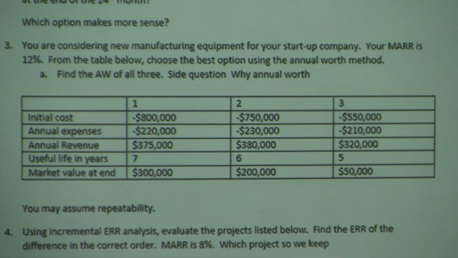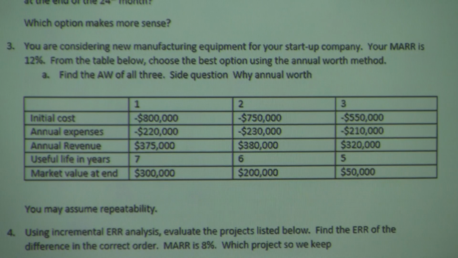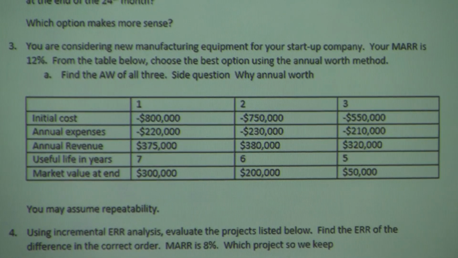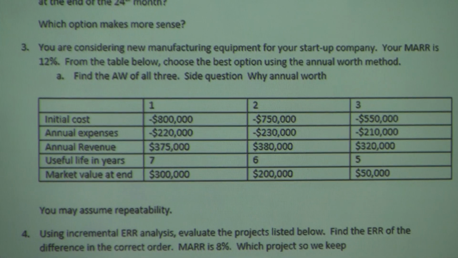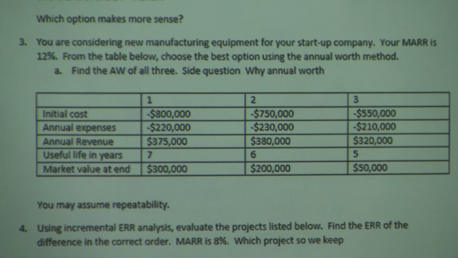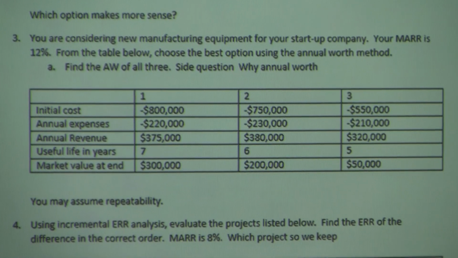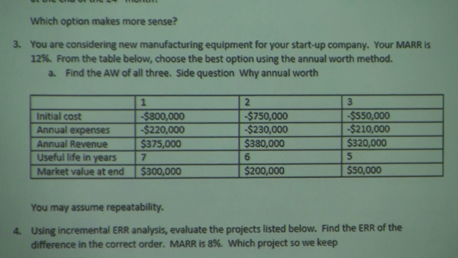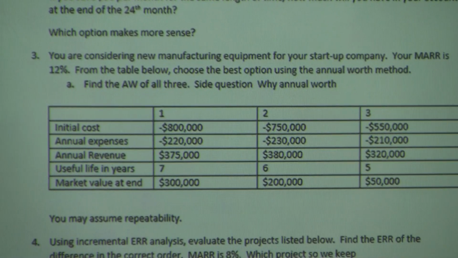We did some with unequal lives in class. What did we do in that situation? We found the least common multiple, exactly. Once we did that, we were able to find the number of years where they were all equal.